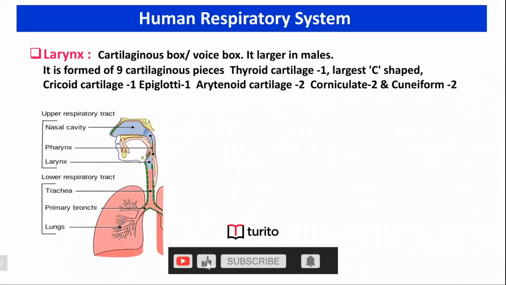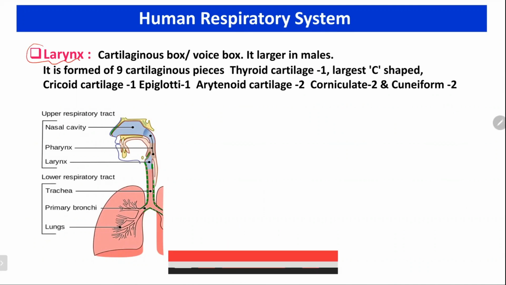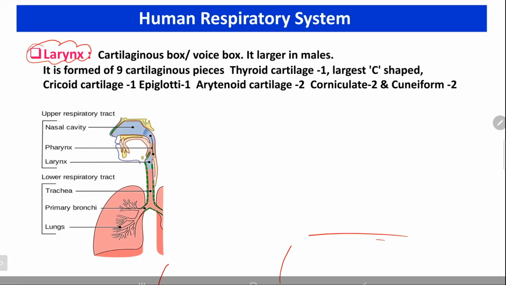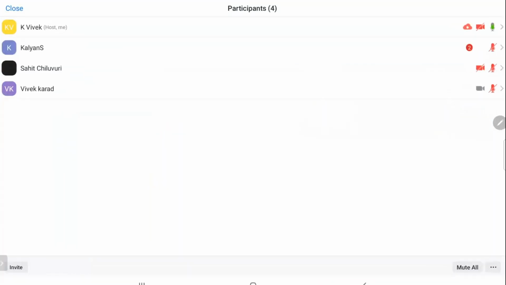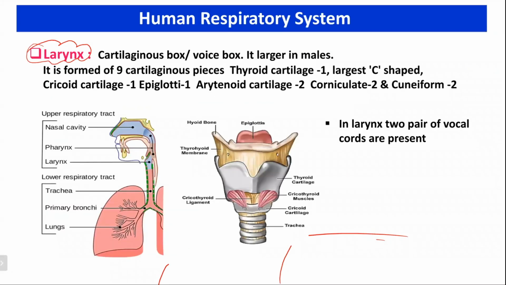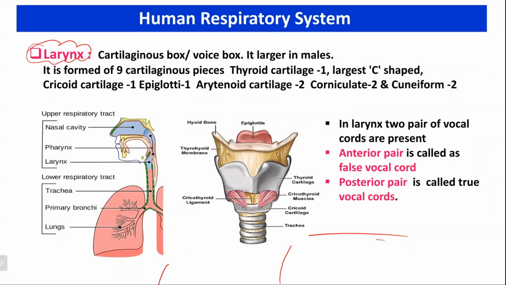Now, larynx. Another important component of the human respiratory system is larynx. Now you can clearly see on your screen. So this is larynx. So far, as far as the human respiratory system is concerned, those who joined late can watch the recording afterwards.